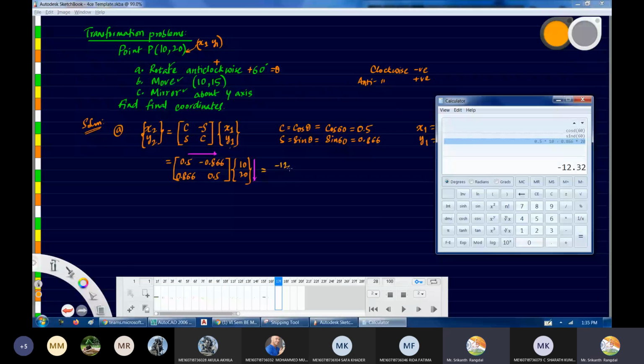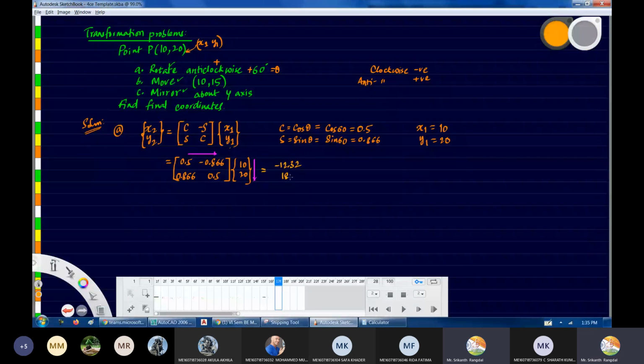Right. So this is the first value we get. And then in the second value, we have to again take 0.866, multiply this with 10, plus 0.5 multiply with 20. We get 18.66. Okay.